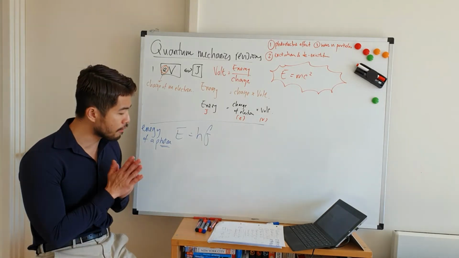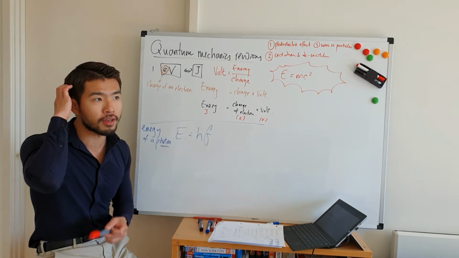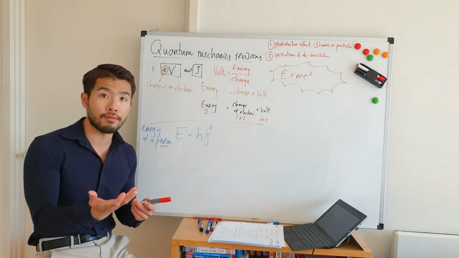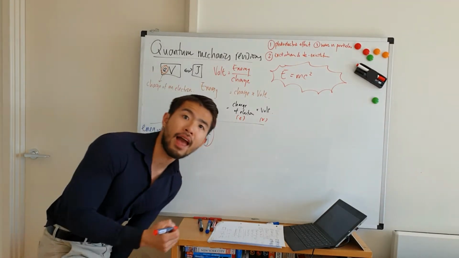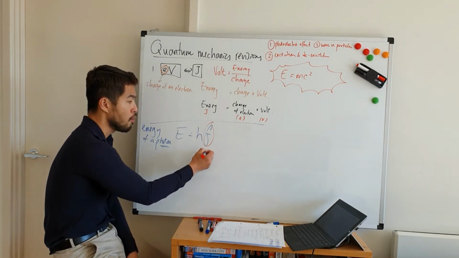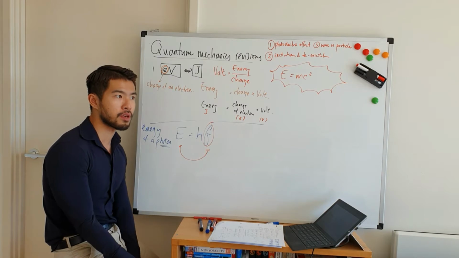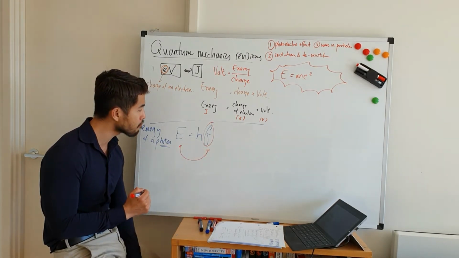Whenever you have energy of a photon, photons are from the EM wave spectrum. So the EM wave spectrum has a wavelength and a frequency. So this is talking about the wavelength and frequency. And we know that photons are energy, so whenever you get the frequency of that, you can turn it into energy straight away.